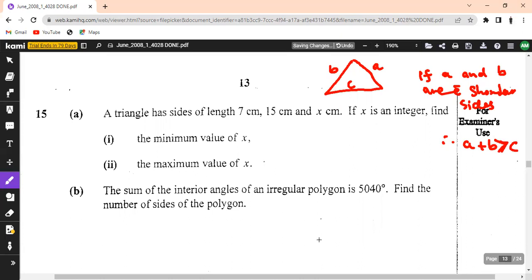If A and B are the shorter sides, then C is the bigger side. So if you add the shorter sides, they must give you a value which is greater than the bigger side.